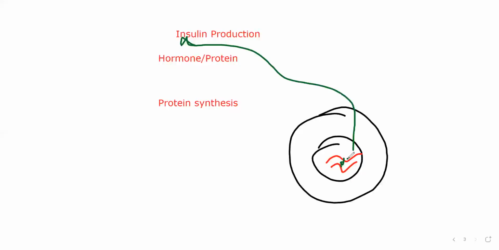And next, where do I have the greatest probability of finding such a gene? I won't beat around the bush and look everywhere around the body. In my previous knowledge, I know that insulin is produced by what? By the pancreas.